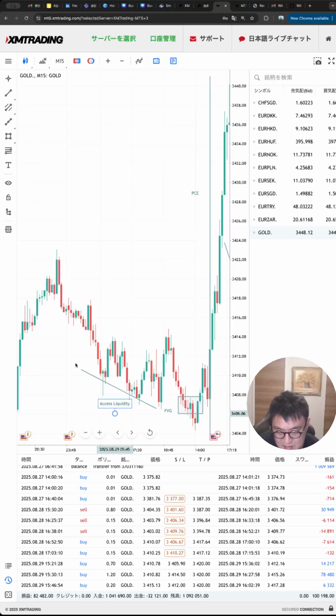First, sweep the liquidity, then create and revisit the fair value gap, the FVG, and then expansion in the intended direction. This is a quite textbook setup. And I would like to say it's a perfect first step in our journey from 1 million to 2 million, because we already made 10% interest, right?